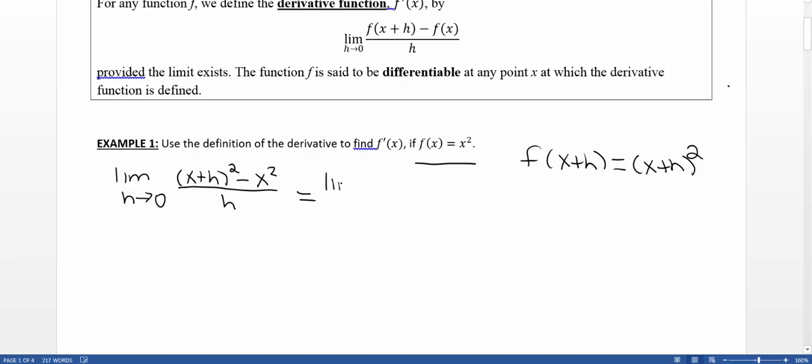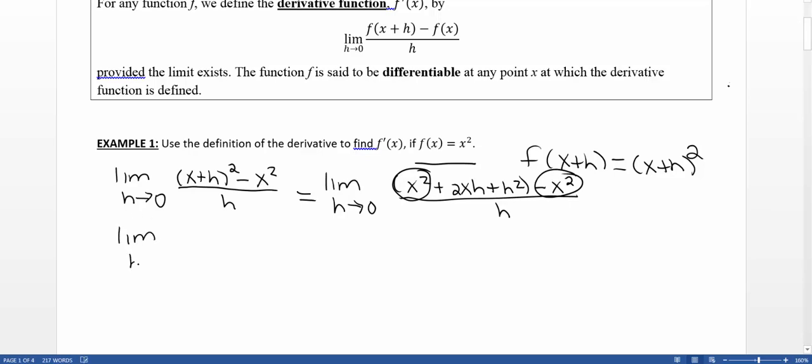combine any like terms. So we get the limit as h goes to 0 of x squared plus 2xh plus h squared minus x squared, all divided by h. So here we have an x squared and we have a minus x squared.